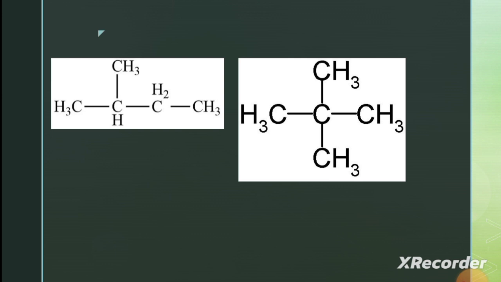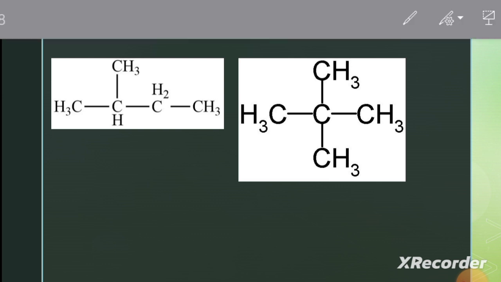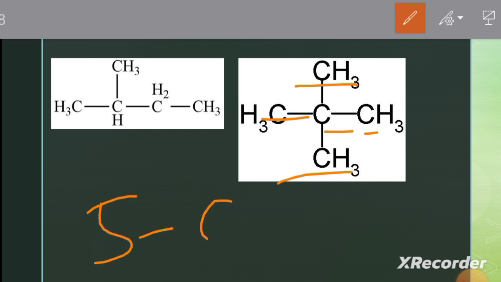So here you can see the carbon number is the same. Each alkane has 5 carbon and the molar masses are equal. You can see the molar masses of them are equal.